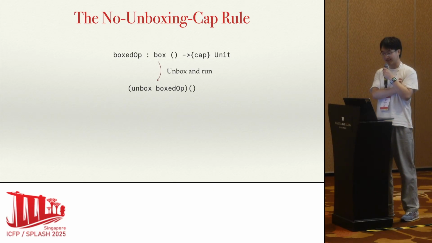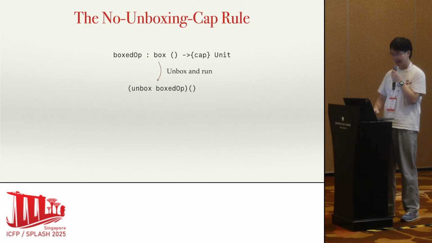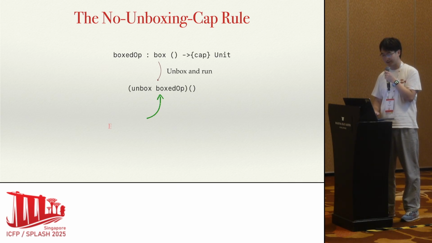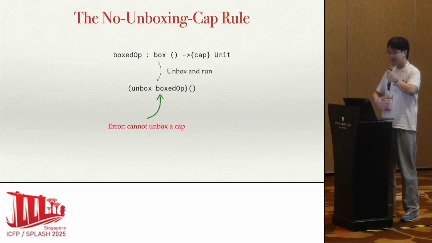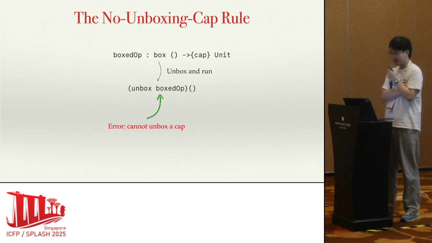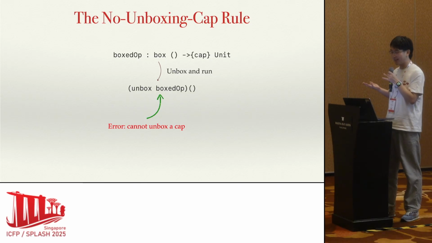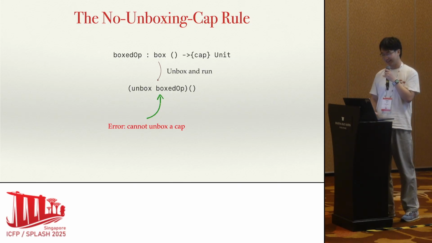Its type says it captures cap, the universal capability. And CC will disallow unboxing this boxed computation. This rule exists mainly for scope safety, and we don't have time to dive into it. But the intuition is quite simple: cap means everything, and it's just too permissive to allow unboxing anything.